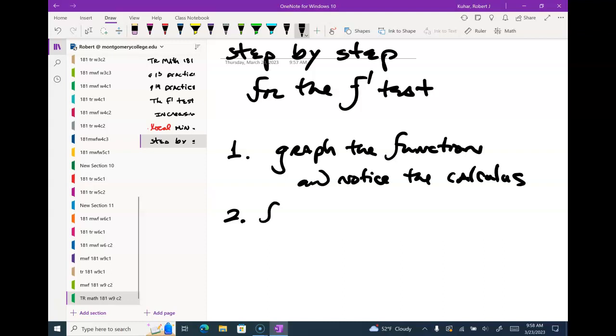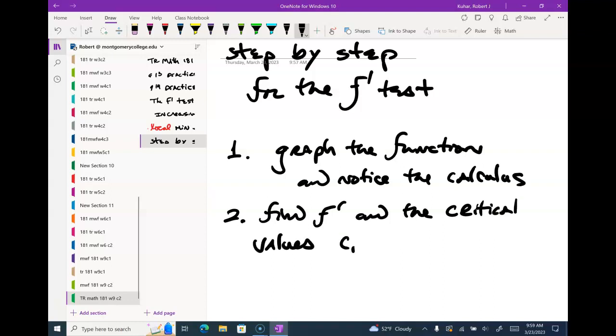Step 2, find f prime and the critical values. I usually call these guys C1 values. C meaning critical, 1 meaning first derivative test. Does that make sense? Because I'm going to need critical values for my second derivative, and I'll call those, what do you think?